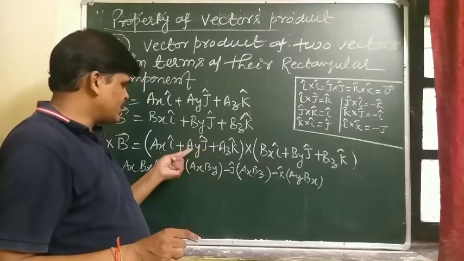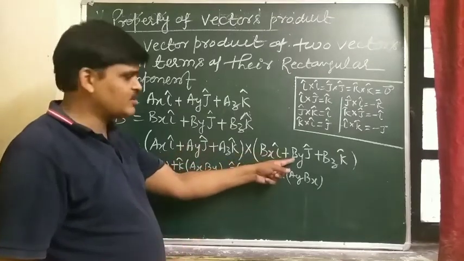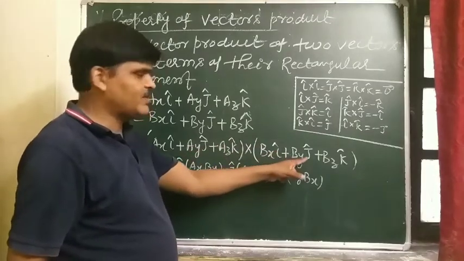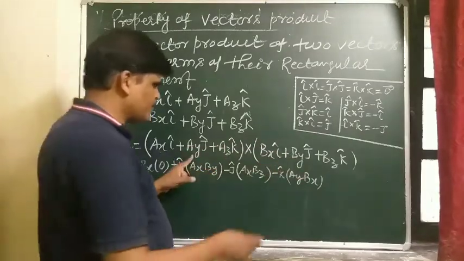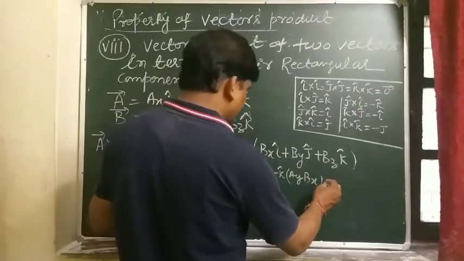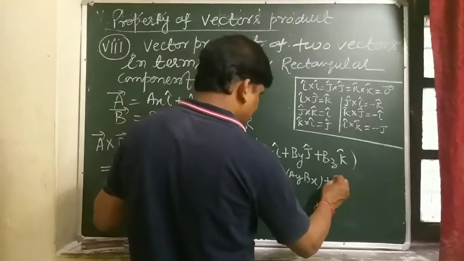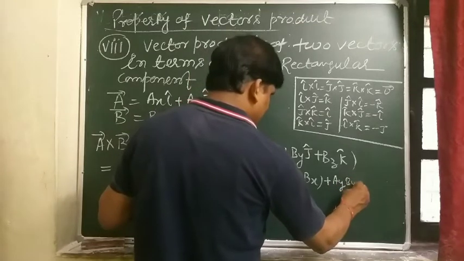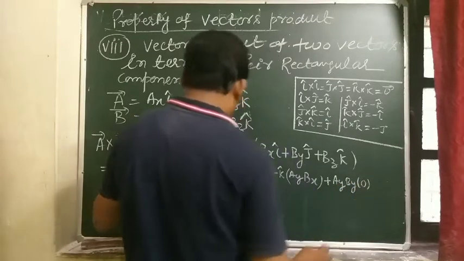So here Ay and By are also magnitudes, and Ay multiplied by By with magnitude 0, so we write plus Ay By and 0.